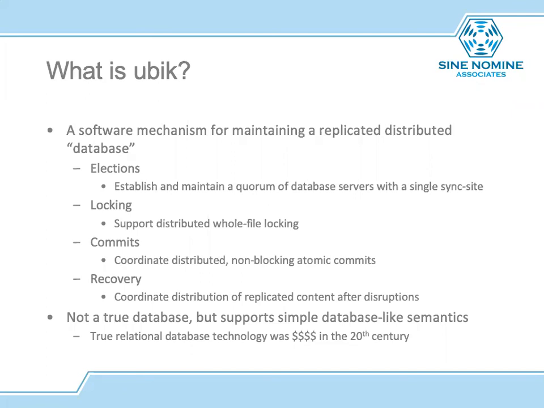When the third one joins again, and it's discovered that he doesn't have an up-to-date copy of the database, he's fallen behind, then Ubik guarantees that that server will receive an updated copy of the database, and then things will proceed as normal beyond that point.